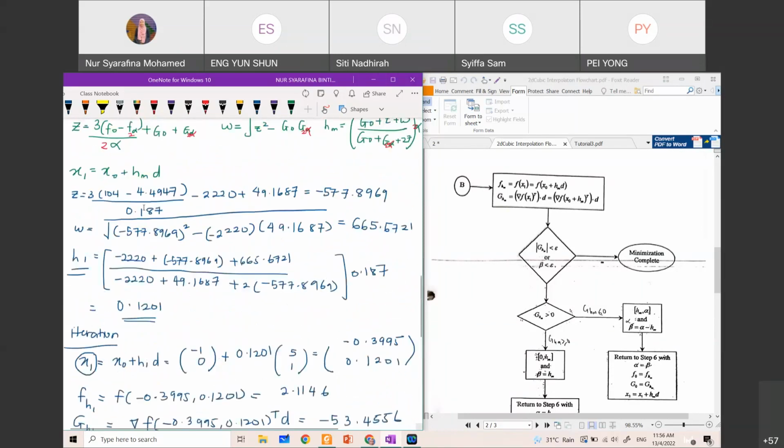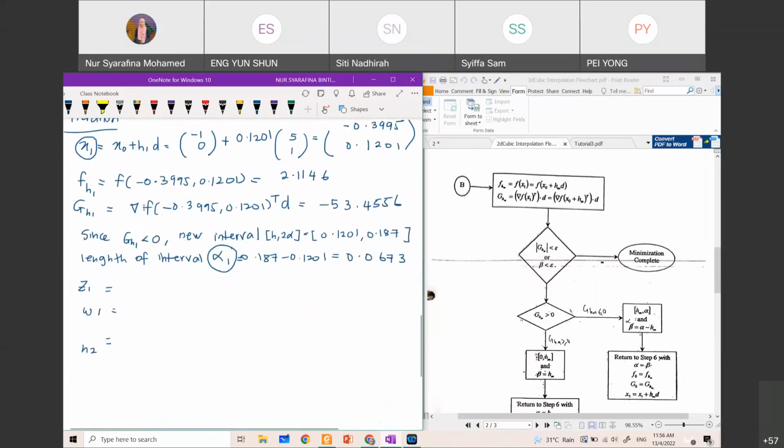Okay. Again, we have Z1 equals 3 FH1 minus F2 alpha over alpha 1 plus GH1 plus G2 alpha. And for W, we have the square root of Z1 squared minus GH1 G2 alpha.